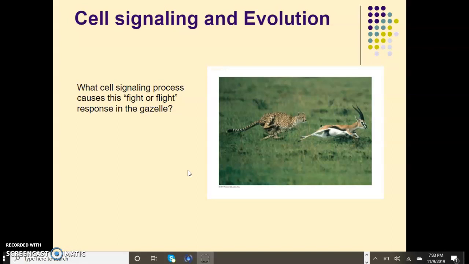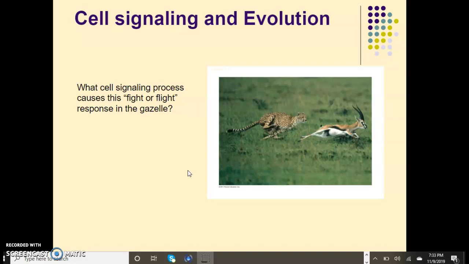So the overarching phenomenon is, we have this gazelle being chased by a cheetah, and how does this gazelle send signals to all of its body that it needs to do this, quote, fight or flight response? It starts increasing its breathing rate, it starts increasing its heart rate, it starts releasing sugars for the energy to be able to run away from the cheetah, but how does its body send those signals to do that?